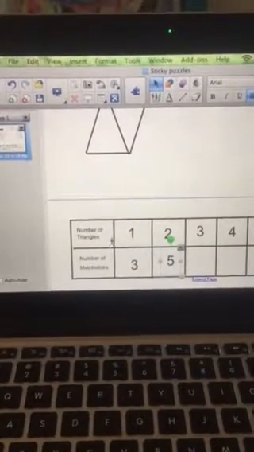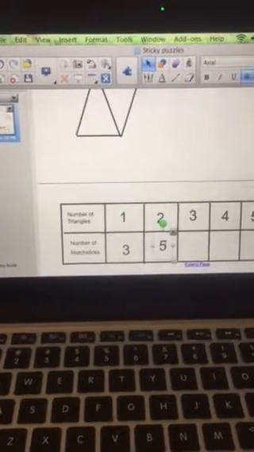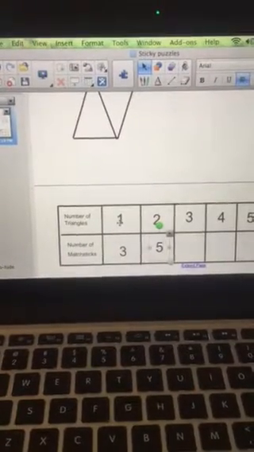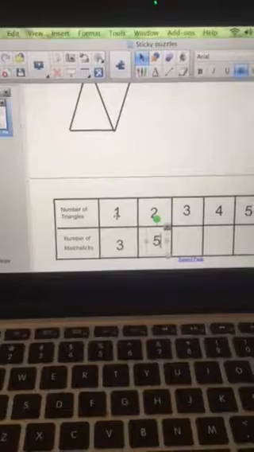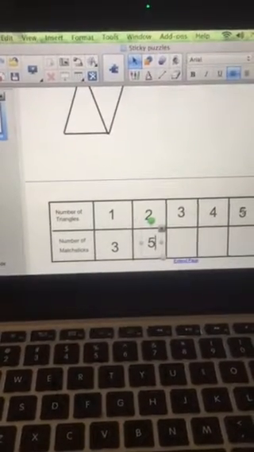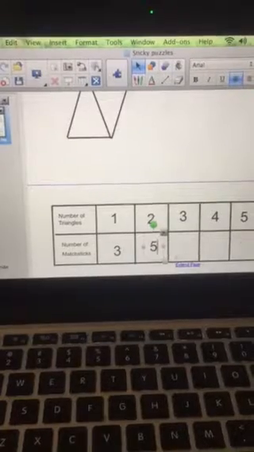You need to look at the number of triangles and the number of matchsticks that you're using, and you need to see the rules that have been applying and work out what is the pattern, or what is going on, what's happening to this number to get a different number here.